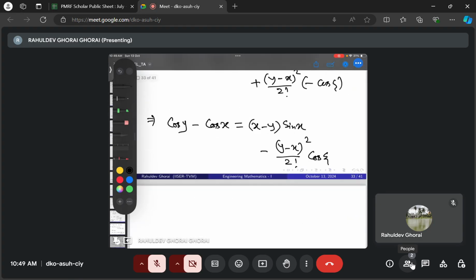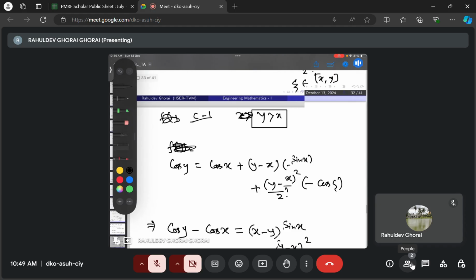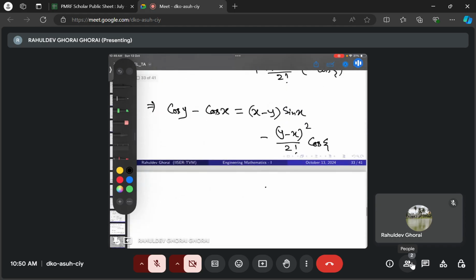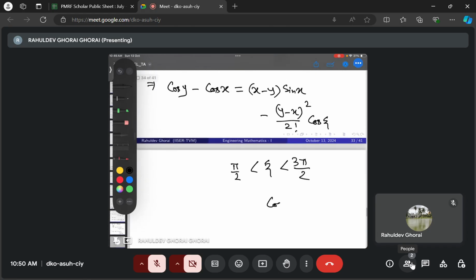Now x and y are in pi by 2 to 3 pi by 2. So xi also belongs to the interval greater than pi by 2 and less than 3 pi by 2. And what about cos xi then? What is the cos function?